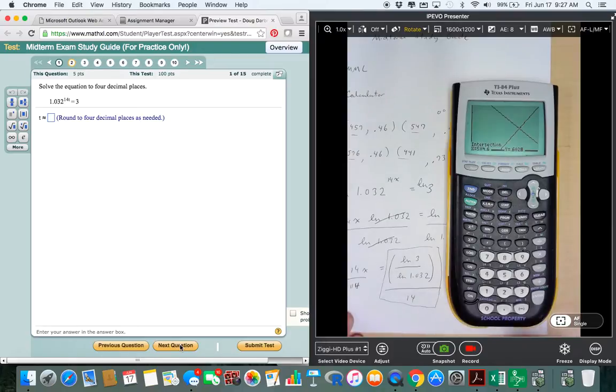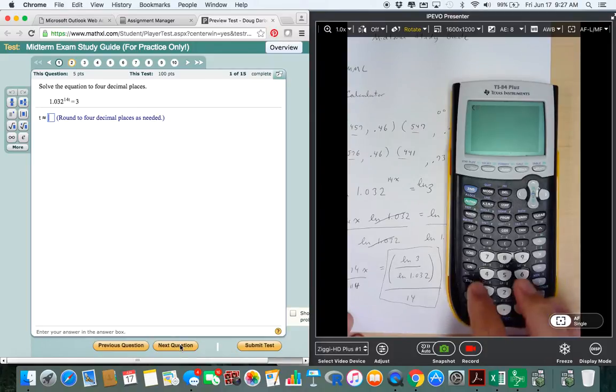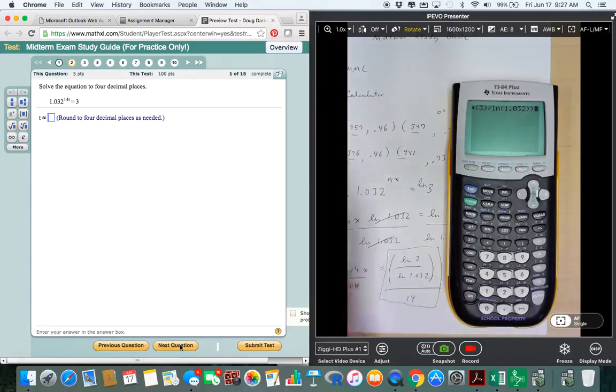So let's go clear. I'm going to go parentheses, natural log of 3, divided by the natural log of 1.032. Now I've got to close that parentheses because I want that whole thing in my denominator.